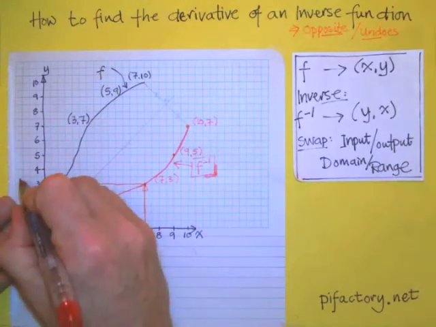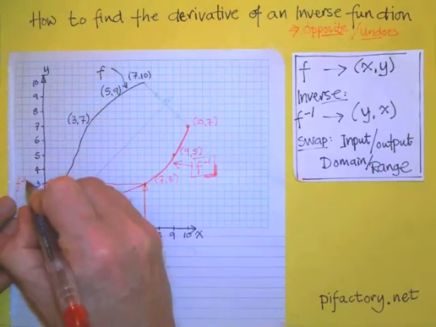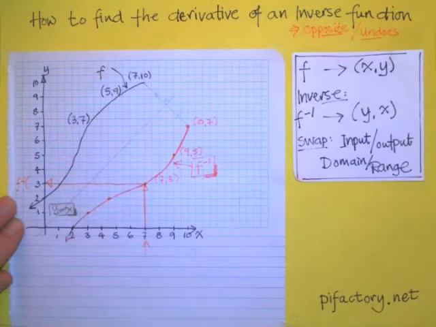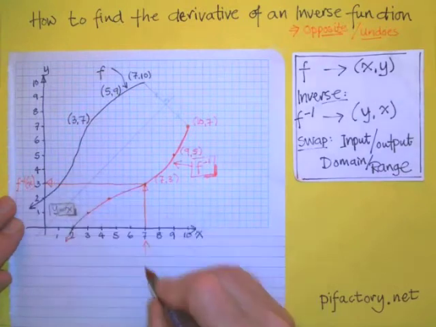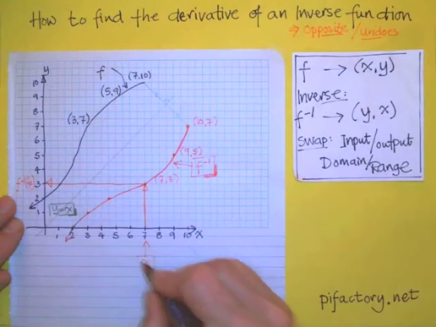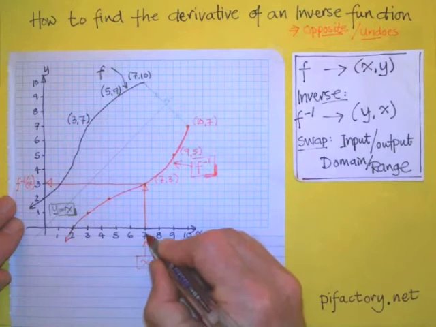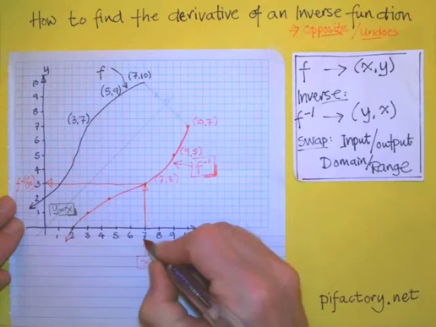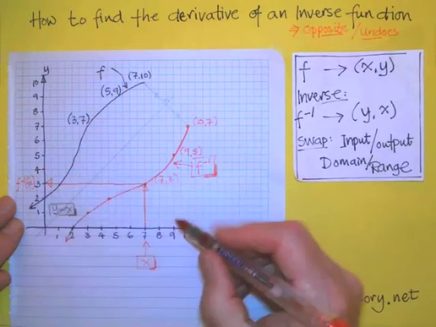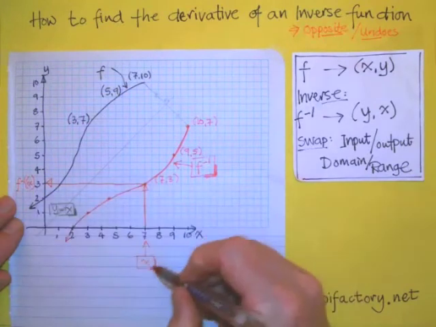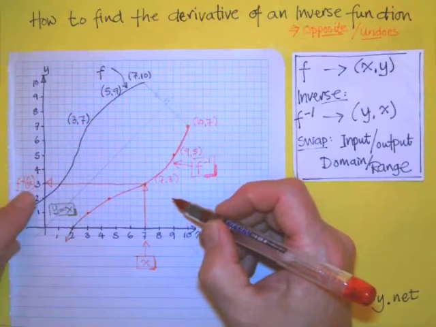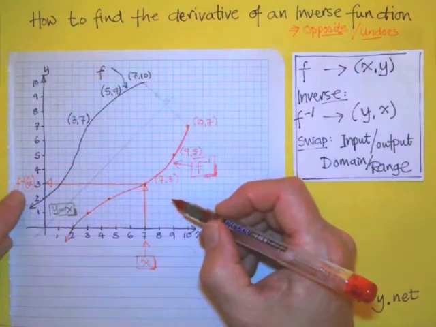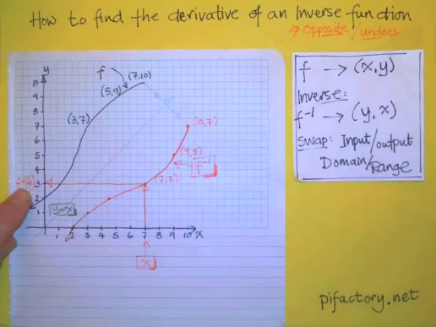And we can say that this is inverse f of, let's say, x. And I think we're going to call that an x input. It happens to be 7. The input is 7 and the output is 3. But the input is x, so the output is inverse f of x.